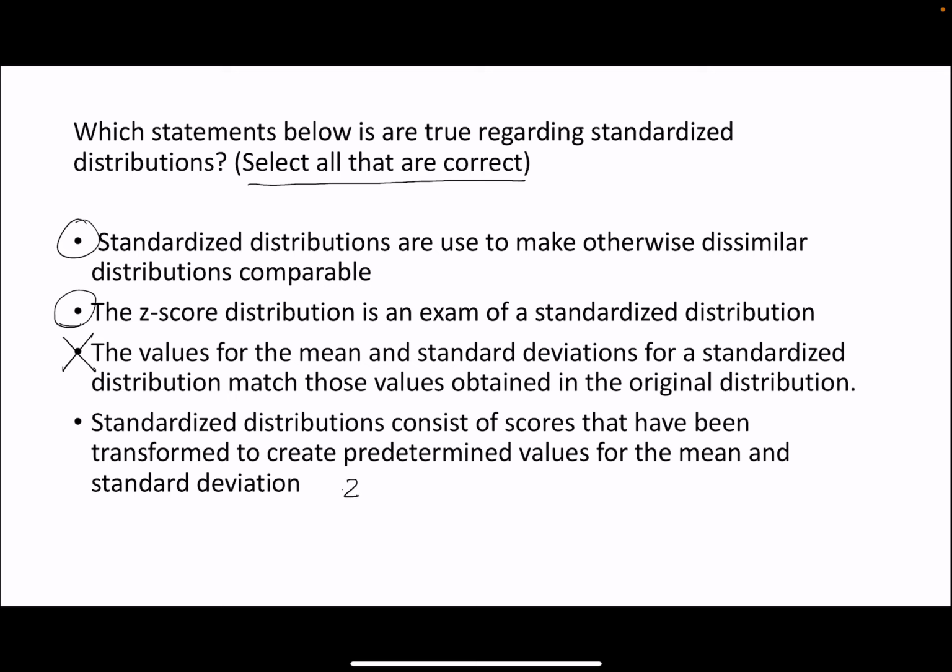Remember, for your z-score, your mean is always 0. Okay? And your standard deviation on a z-score is always 1. So that is a predetermined value. So this is also true. So they're basically listing all the things that are true about a standardized distribution. And what we're really talking about here is just those z-scores and what they do. That's what we're looking at.